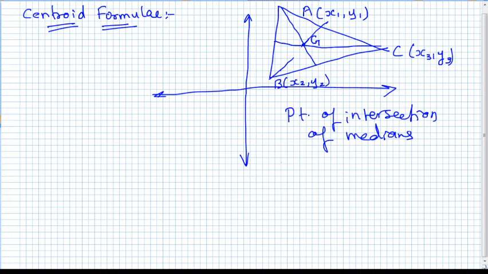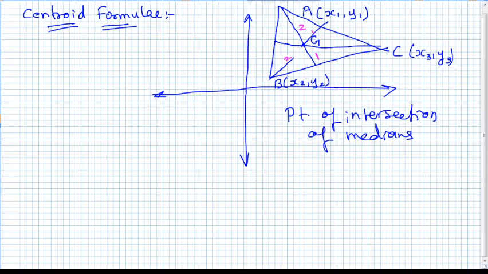Another important property that I would like you to remember about the centroid, since we are studying it, is that a centroid will always divide the median in the ratio of 2:1. Remember this. It divides in the ratio 2:1, so this will be 2 and this will be 1. Same thing here, this will be 2. For this median too, this will be 2 and 1.